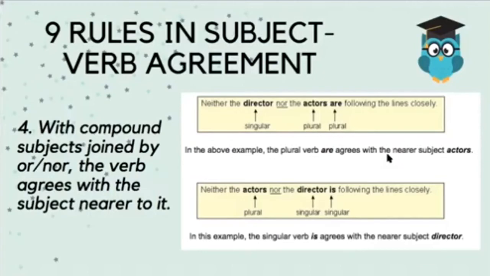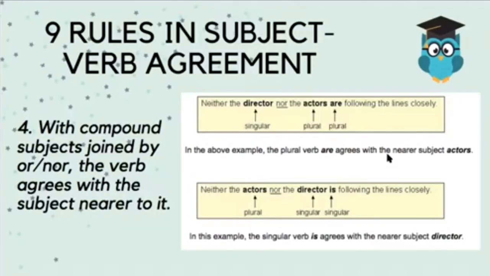So the rule says which one is nearer or closest to the verb. In the above example, the plural verb are agrees with the near subject actors. The next one, neither the actors nor the director is following the lines closely. In this example, the singular verb is agrees with the near subject director.